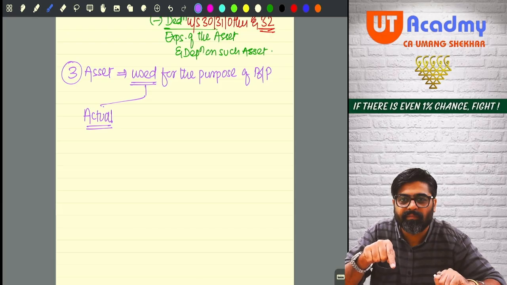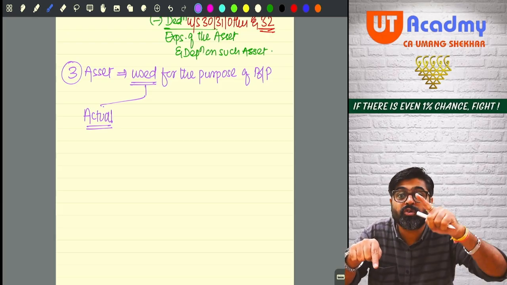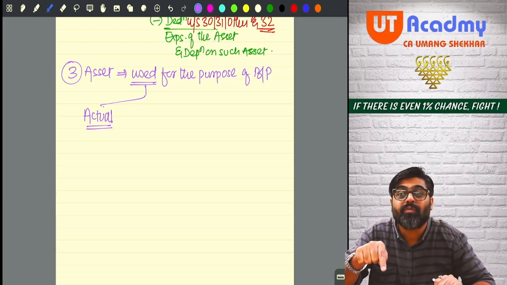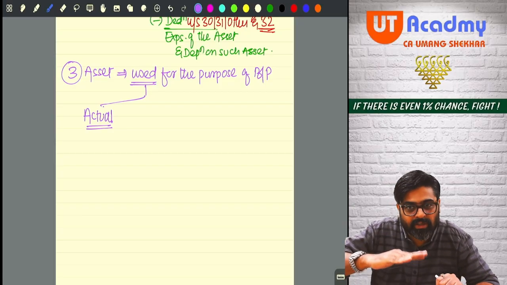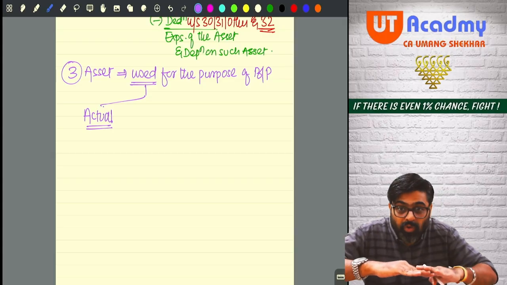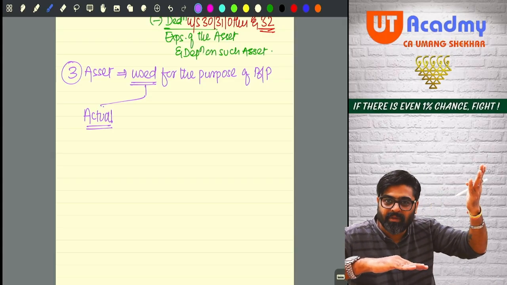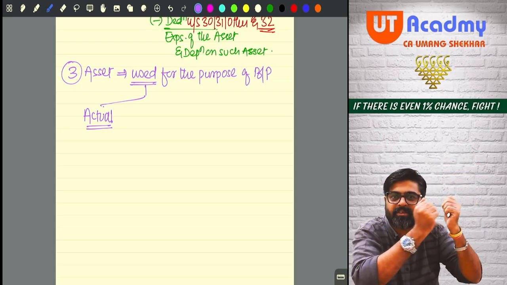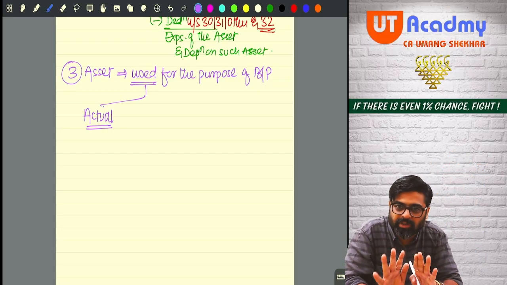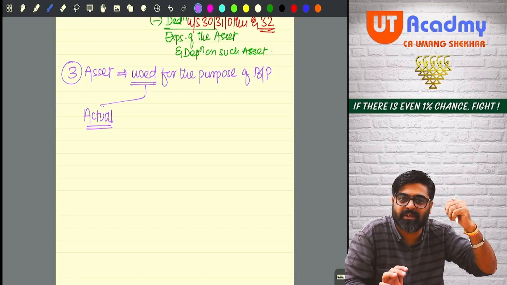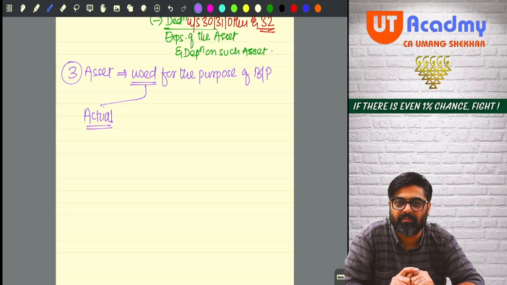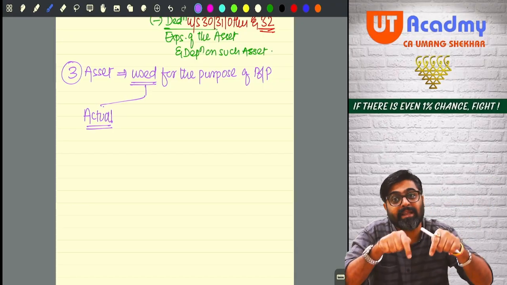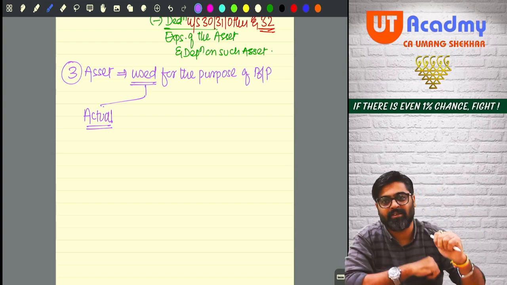No. Then why should the cost of this asset be allowed from that income? If the asset is used in the business to earn the business income, the asset is helping to earn that business income, no? So the cost of that asset should be allowed as depreciation from that business income because it is used in that business to earn that business income.